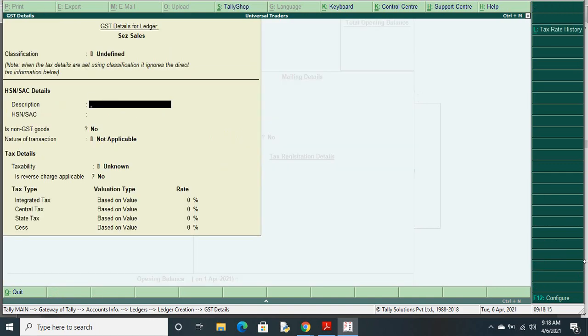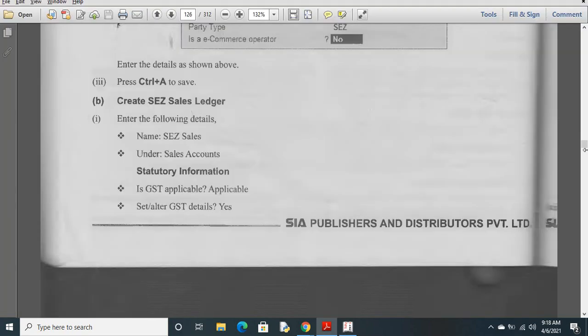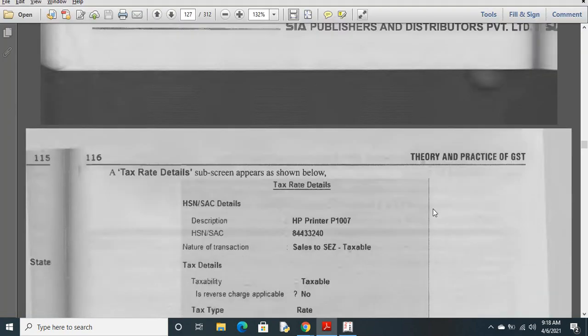Here the description is HP printers, HSN number 844-33-240.